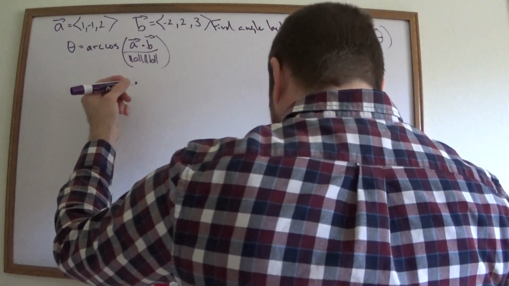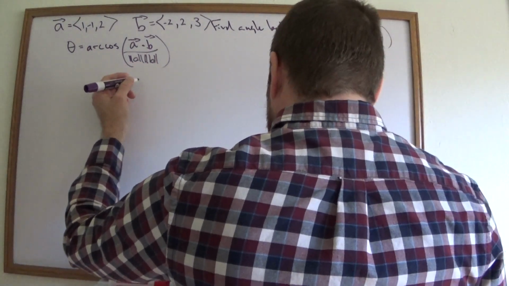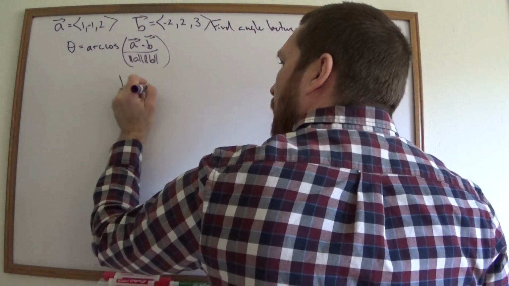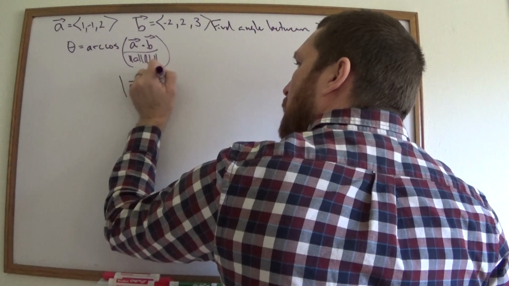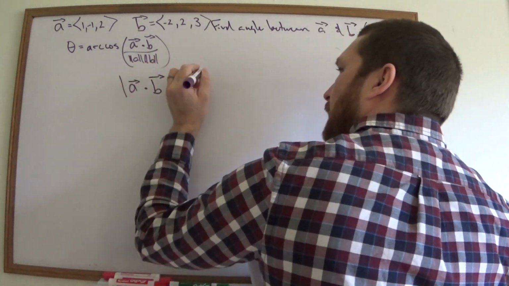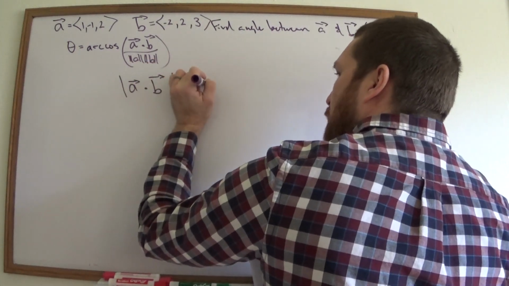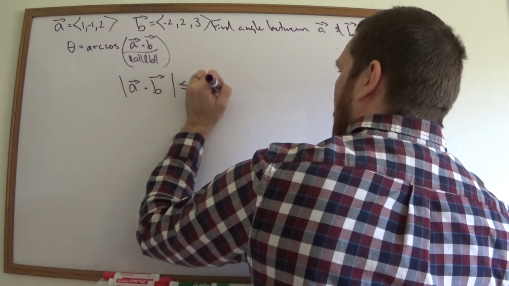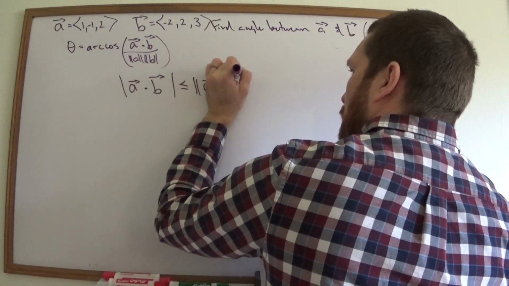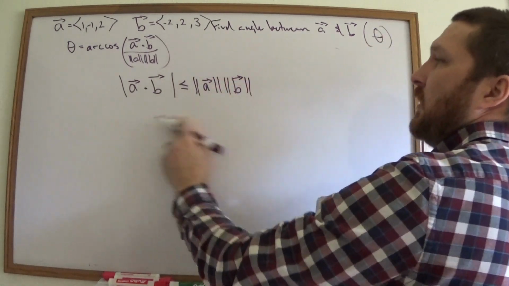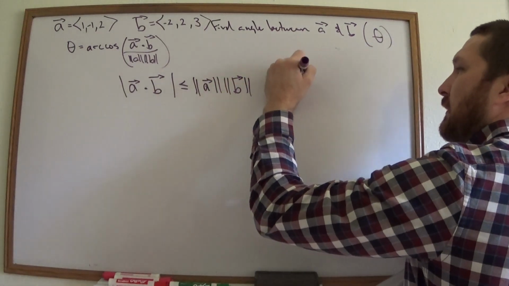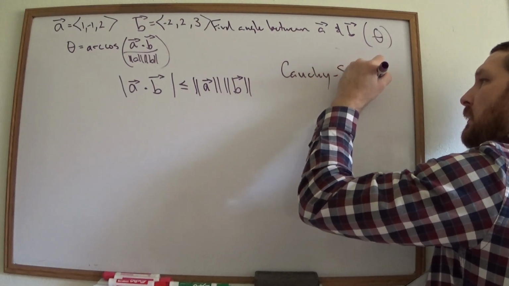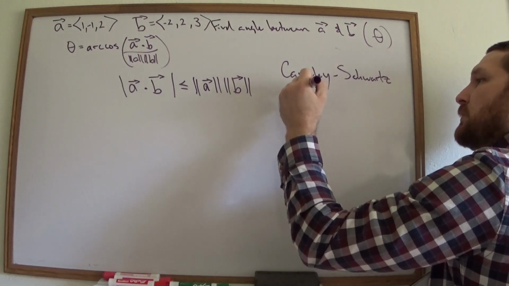Turns out, there is a very famous inequality called the Cauchy-Schwarz inequality. Cauchy is a very prominent dude in analysis. Schwarz was also Cauchy-Schwarz, the Cauchy-Schwarz inequality.